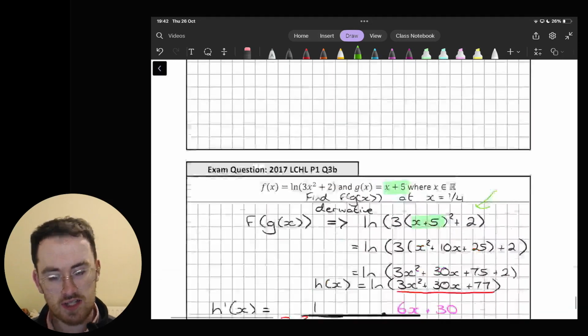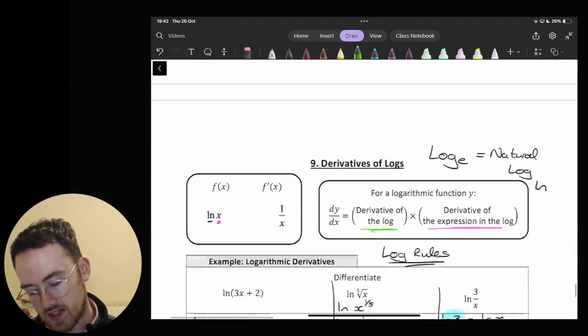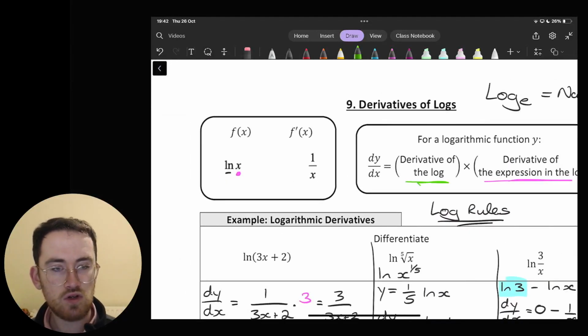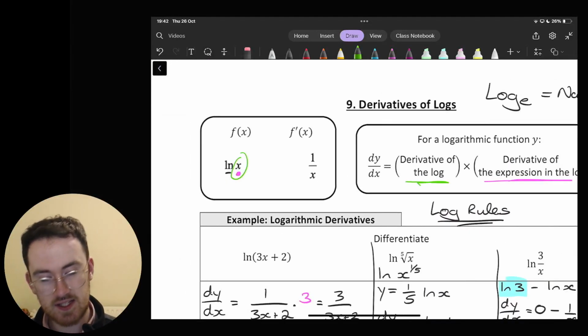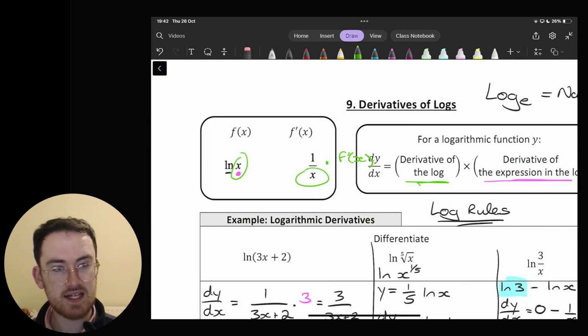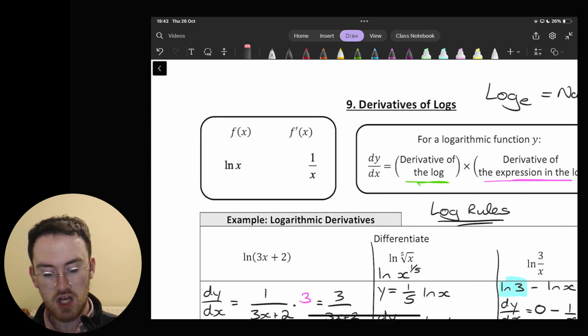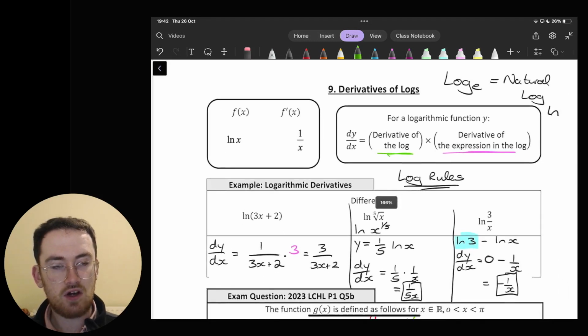Making sure that we know that we're using ln of x as 1 over x, and if this x part is an expression, then that's what goes under here, multiplied by its derivative. We would have seen that notation in our notes when we did this in the book. So that's the general idea with our logarithmic ones.